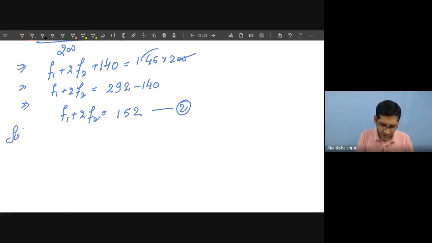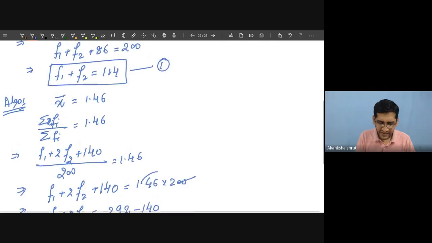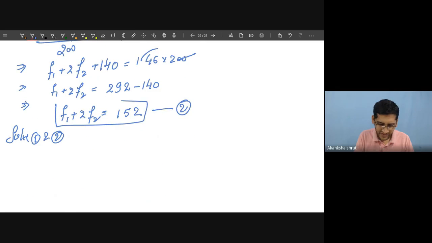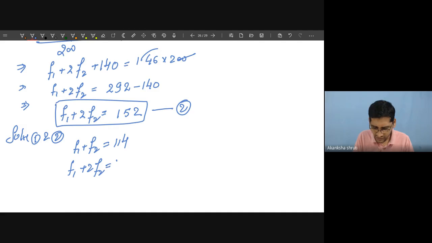Now you have to solve 1 and 2. What we had? F1 plus F2 is 114. So let me write: F1 plus F2 is 114, and F1 plus twice of F2 is equal to 152. Go for subtracting it. While subtracting, the signs change and F1 cancels.